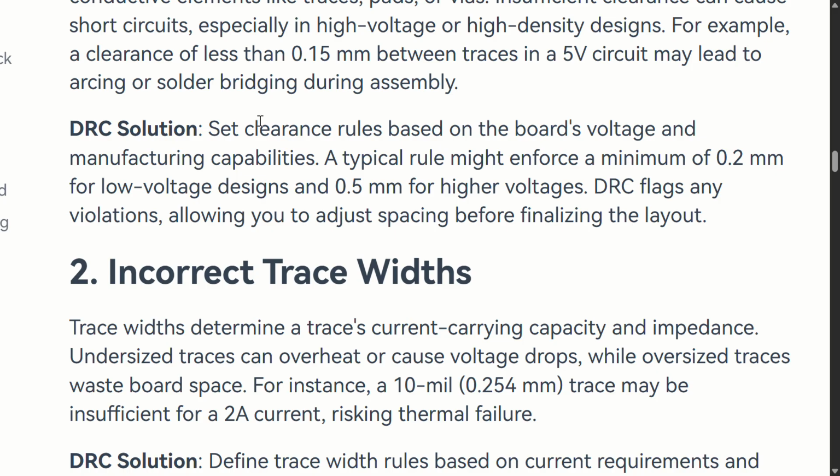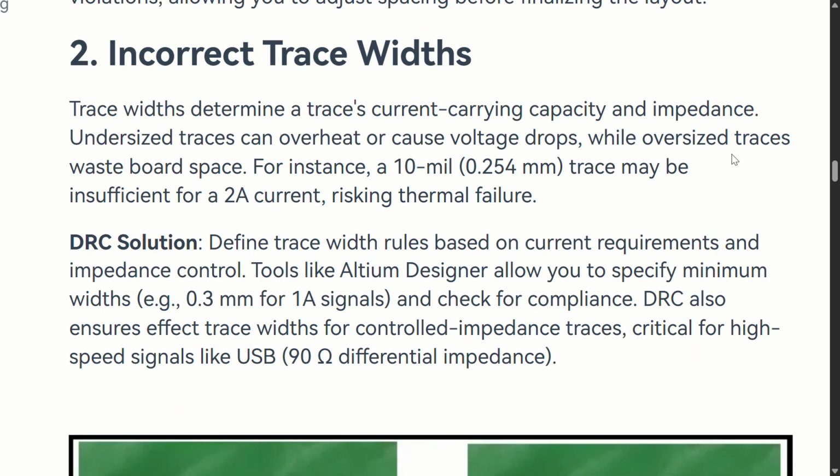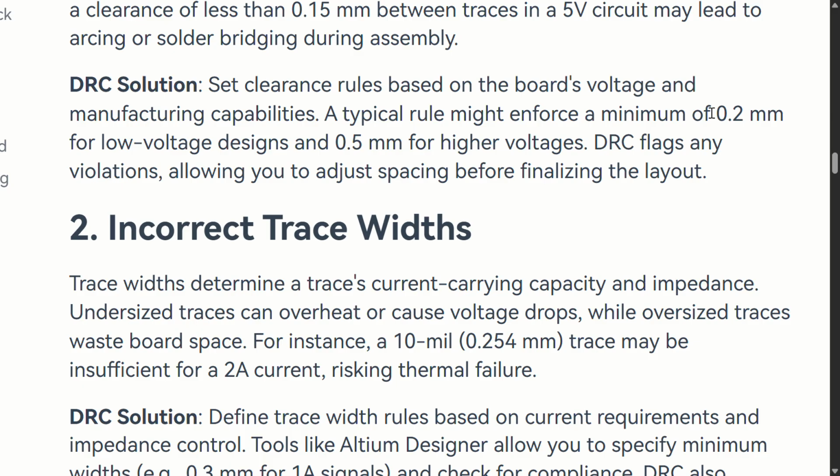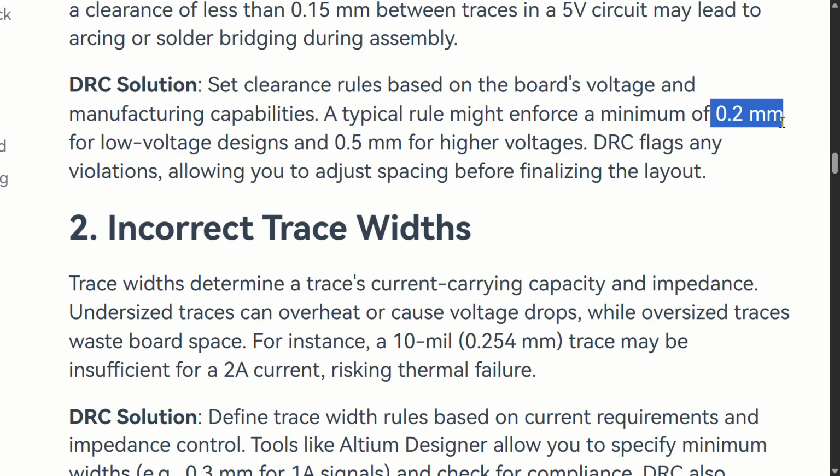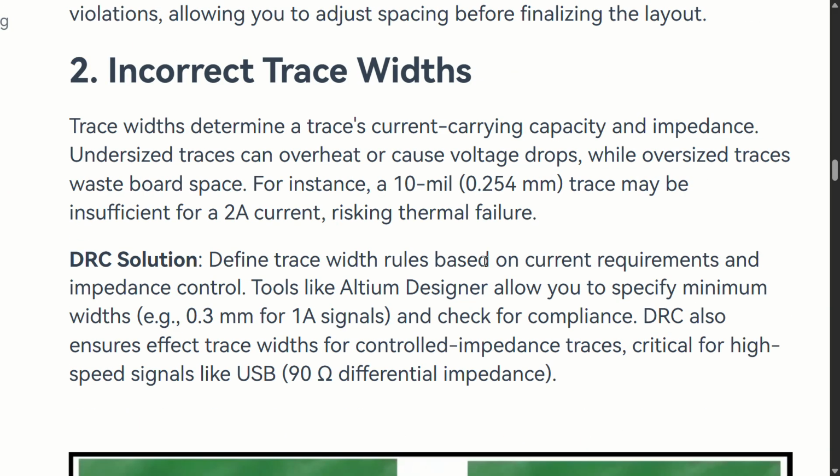The clearance between two copper traces can be less than 0.2 mm, but it is advisable to put the minimum enforcement as 0.2 mm for low voltages. If you put 0.2, it won't throw an error. If you put 0.17 also, it doesn't throw an error because the minimum is 0.15. But it is advisable to put a minimum enforcement of 0.2 mm. Never put the minimum clearance between two copper traces less than 0.15 mm.